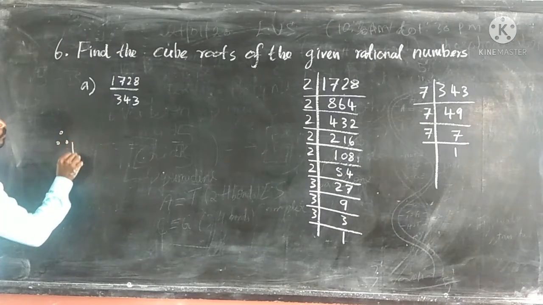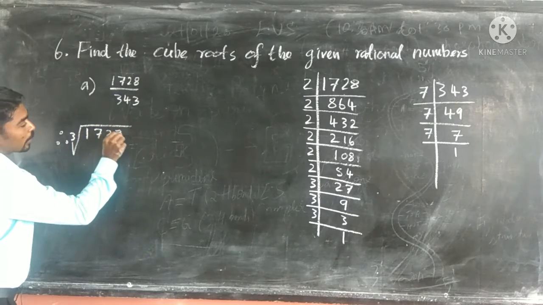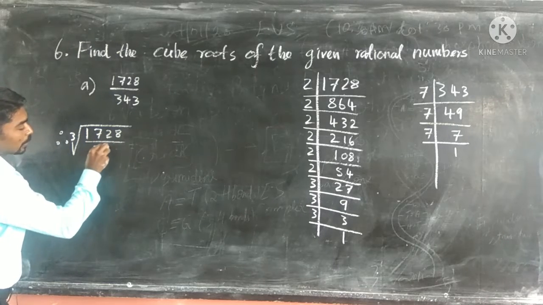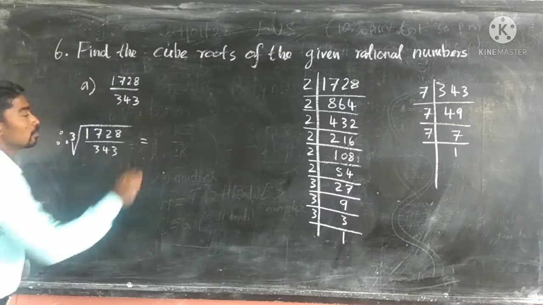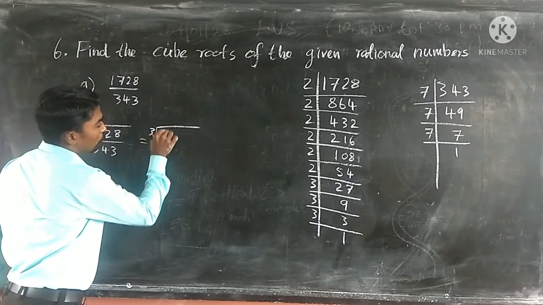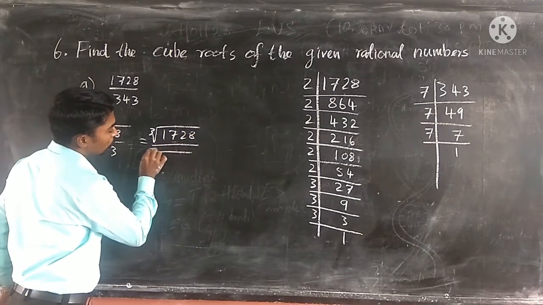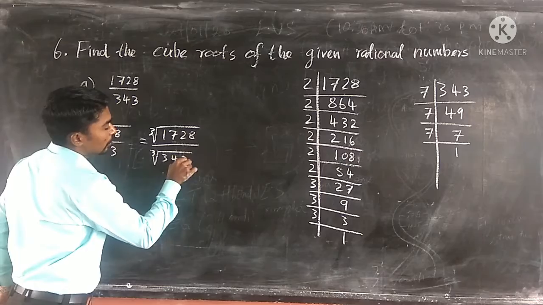Therefore, cube root of 1728 divided by 343. Split the cube roots: cube root of 1728 divided by cube root of 343.